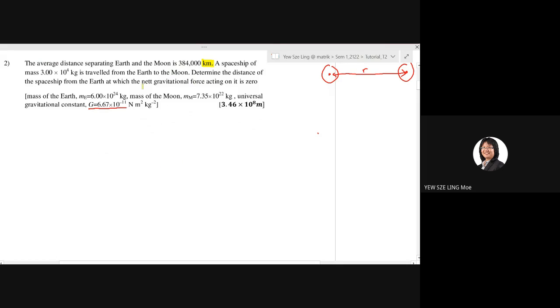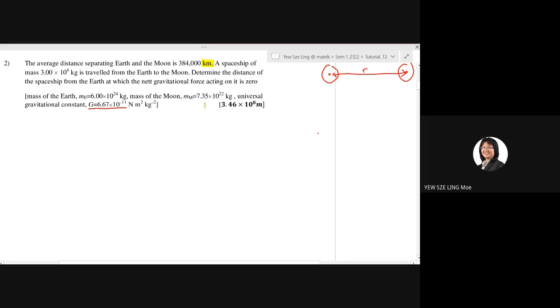So a spaceship of 3 times 10 to the power 4 kg travels from Earth to the Moon. Determine the distance of the spaceship from the Earth at which the net gravitational force acting on it is 0. Now, when it comes to these types of questions, there are 3 different objects in the question. We have the Earth, the Moon, and also the spaceship.